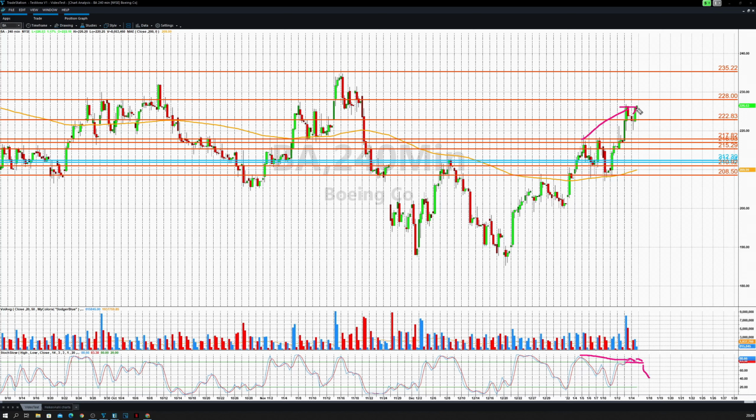And then if it reverses, it will fall here, and if it falls like this, it will make long continuation, and then go to the next target of 235. So this is with BA, and I think that's it, guys.